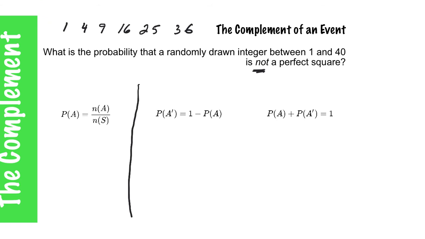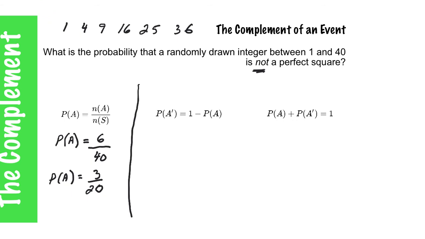So the probability of a perfect square, or event A, will be the number of times A occurs, which is 6, out of the number in our total set, which is 40. So the probability of A occurring in a reduced fraction is 3 out of 20. So be careful here.